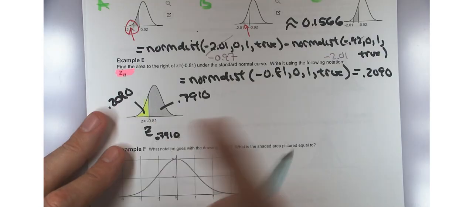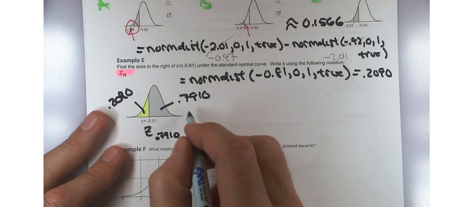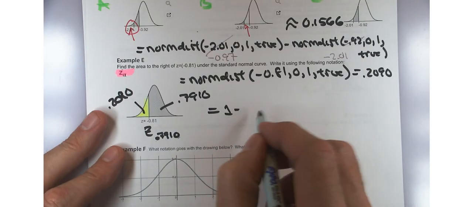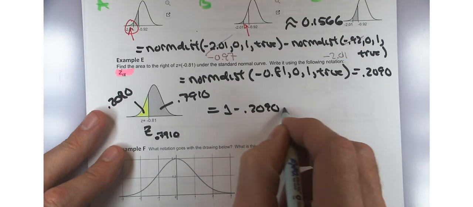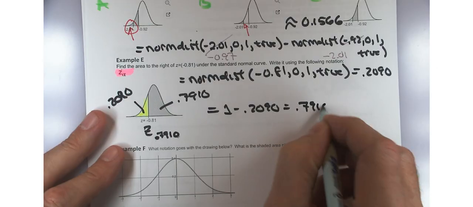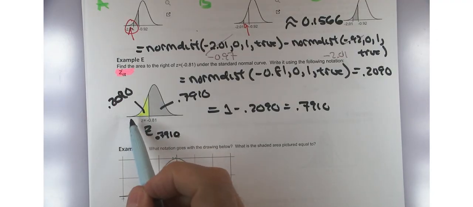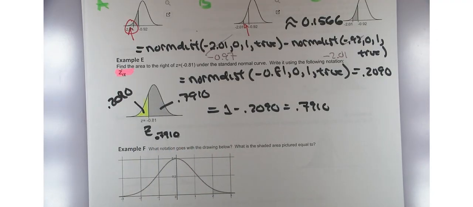And then to find the area in the right tail, I just did 1 minus the 0.2090, and that gave me my 0.7910. Remember, that 1 is coming from the fact that the total area underneath the curve is 1. So if I subtract off that part, the rest of it is going to be my 0.7910.